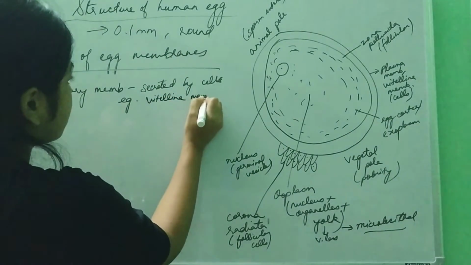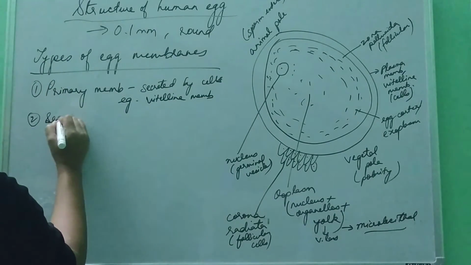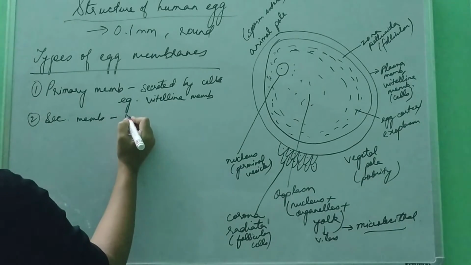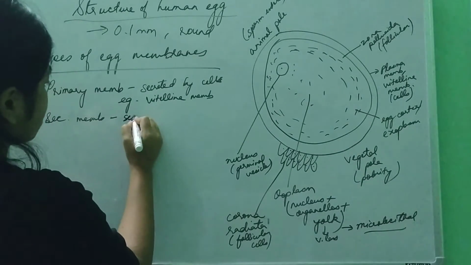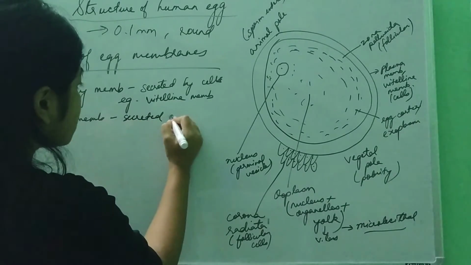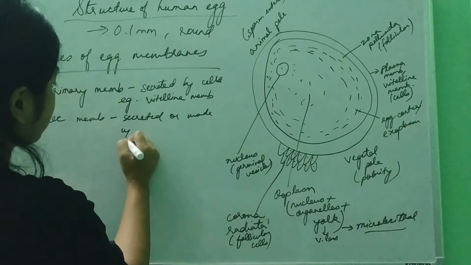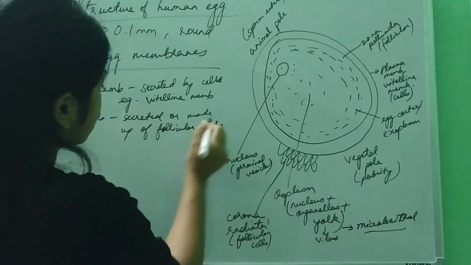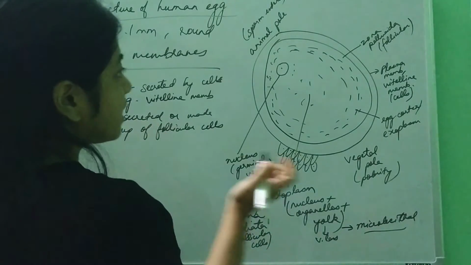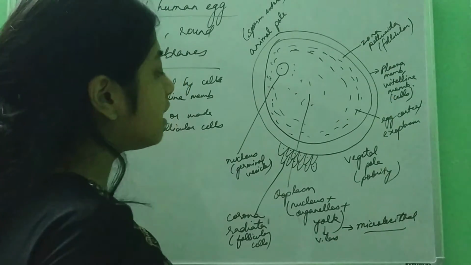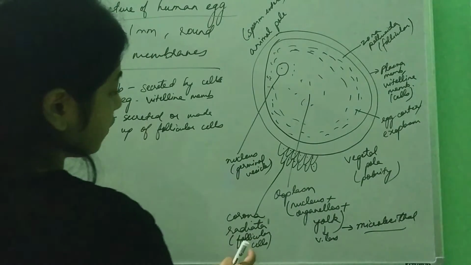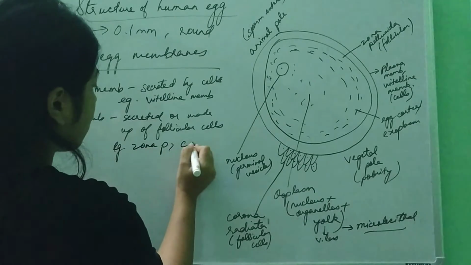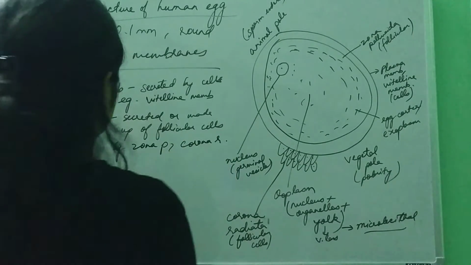Secondary membranes are secreted by follicular cells or made up of follicular cells. If secreted by follicular cells, the example is the zona pellucida. If made up of follicular cells, the example is the corona radiata.